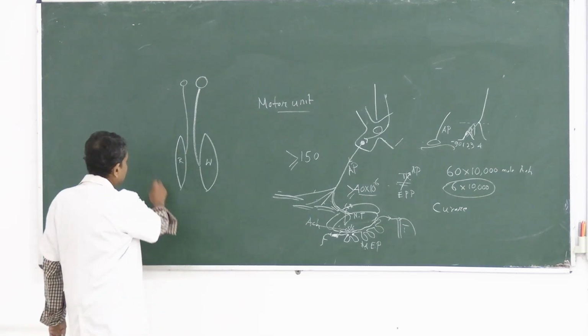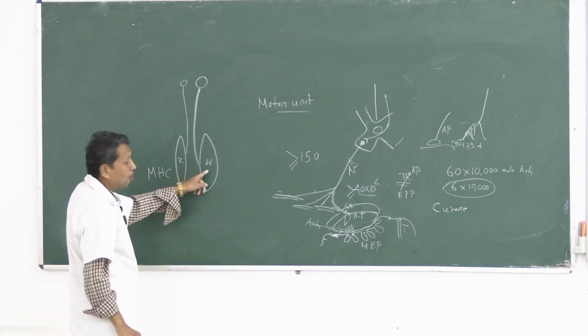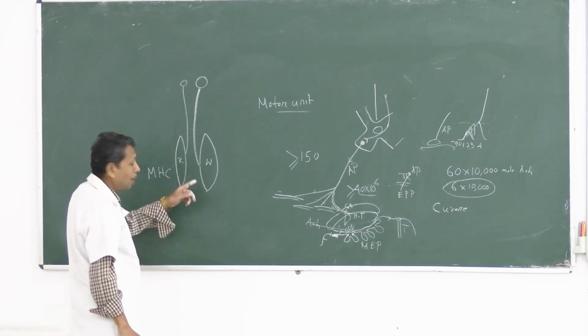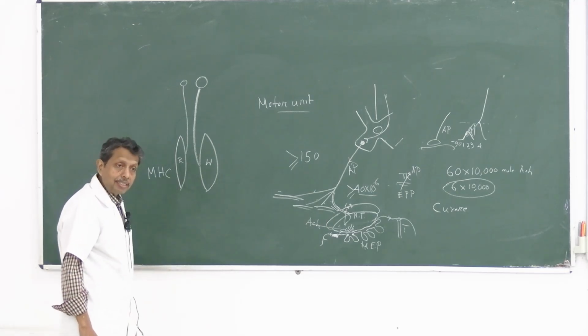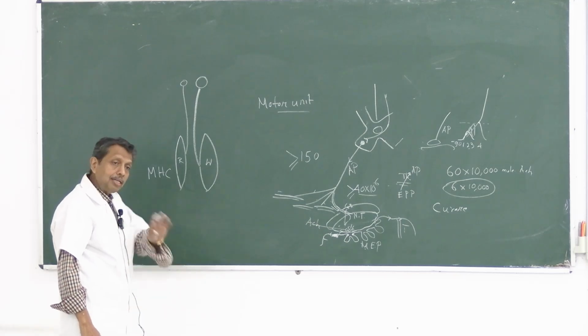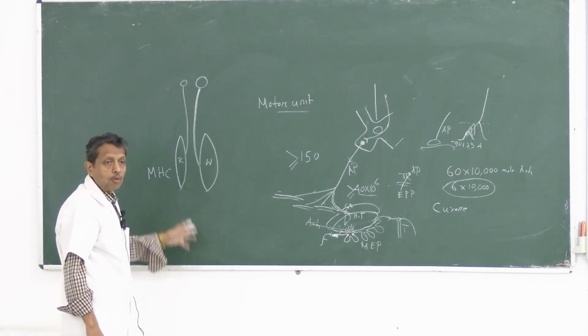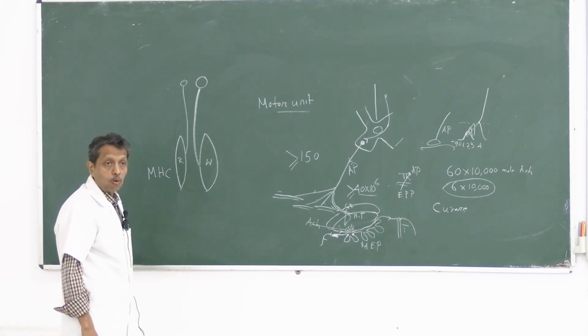Myosin heavy chain is different in the red muscle and the white muscle. Similarly, there are faster and slower components of light chains. Actin is the same, but tropomyosin and troponin also have fast and slow components.